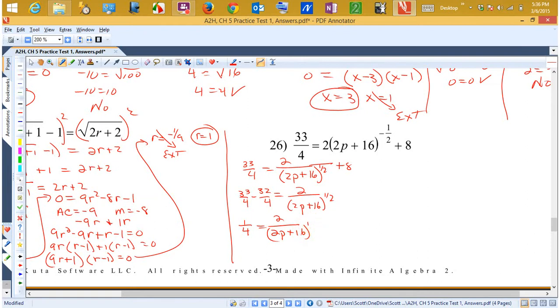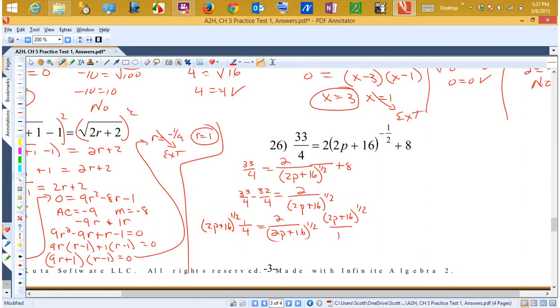Now, to get this 2p plus 16 to the 1/2 up to a numerator, I'm going to have to multiply both sides by 2p plus 16 to the 1/2, basically over 1, and I'll do the same thing to this side over here. So this side would also have to multiply by 2p plus 16 to the 1/2.